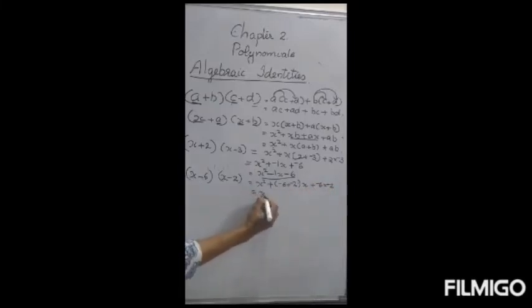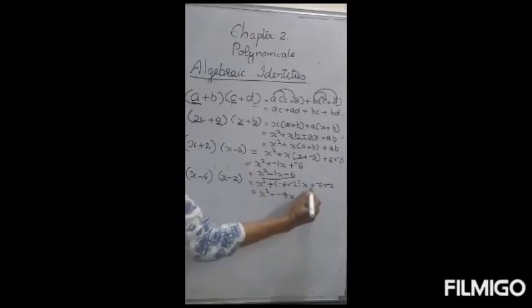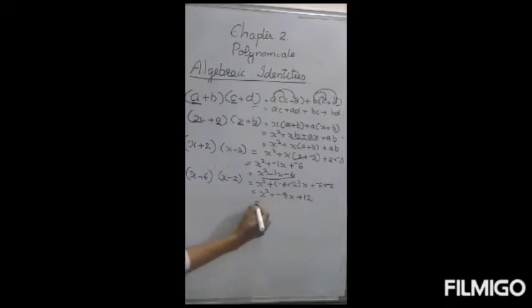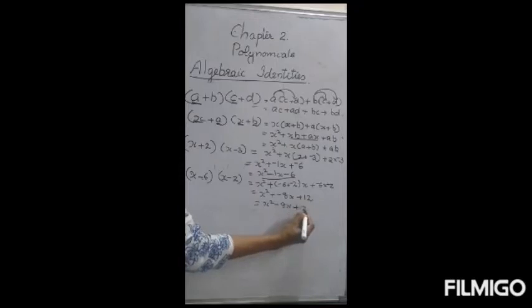That is equal to x square plus minus 8x, and minus into minus is plus, so 6 2s are 12. So it becomes x square minus 8x plus 12.